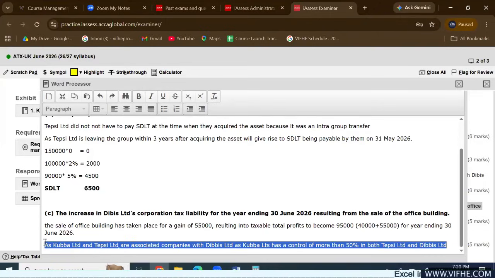From Dibis Limited, that is also an associated group somehow for some period of time.